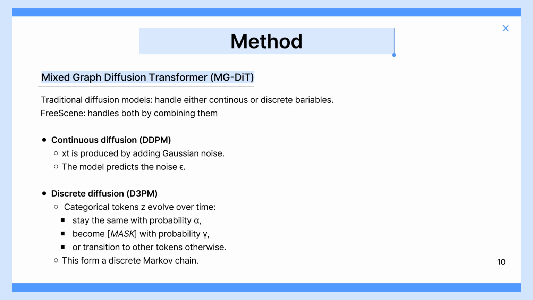Categorical tokens change over time. Some of them stay the same, some become masked, and others transition to different categories. This process is a discrete Markov chain. By combining these two processes, FreeScene can generate both geometric attributes and categorical attributes together.